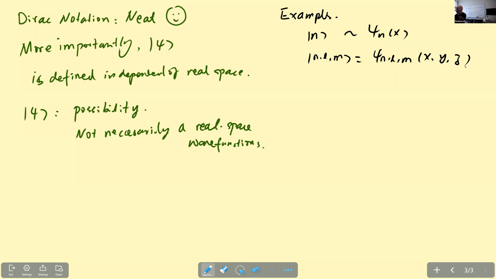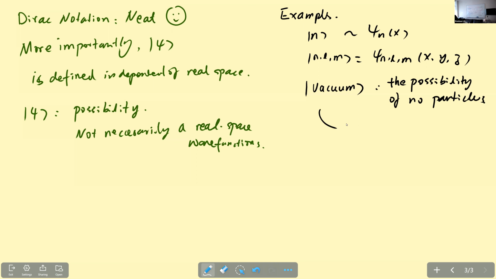So it could be three-dimensional, that has three indices. It could be, say, vacuum. That means the possibility of no particle. How do you write this in a wave function? So this is not possible. We cannot write a vacuum into a wave function, right?